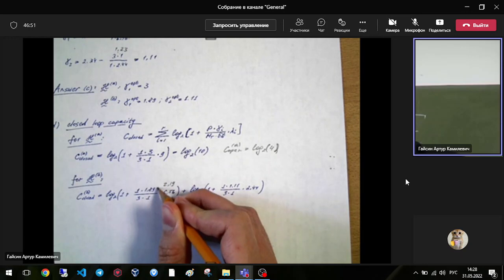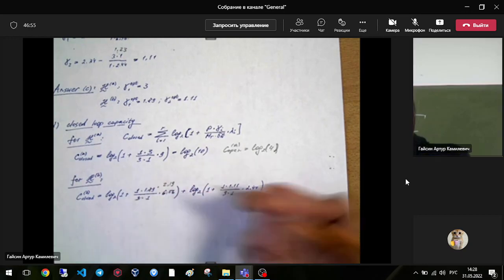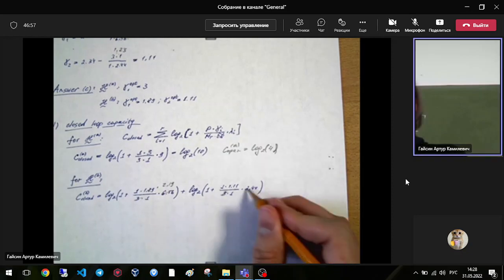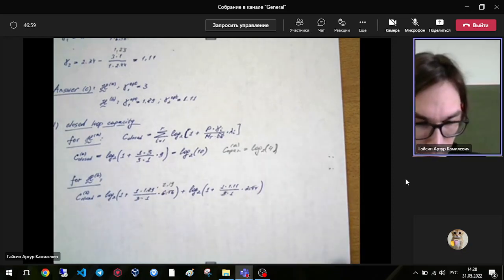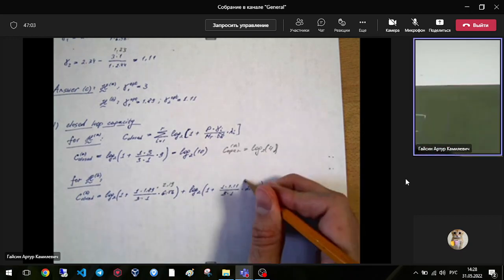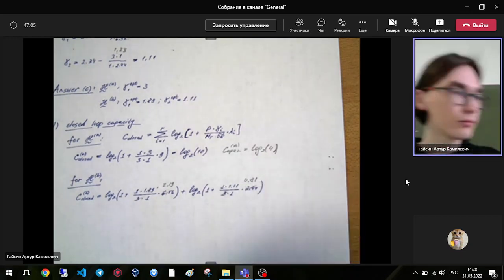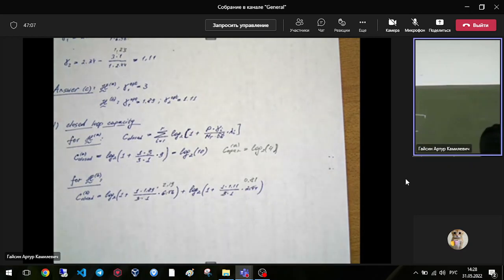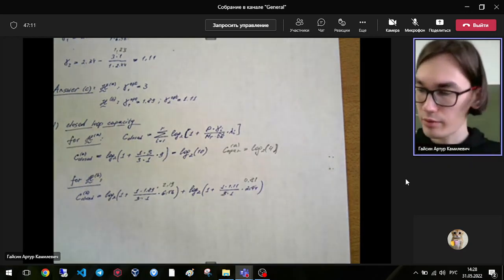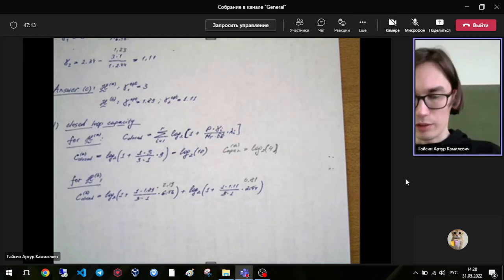We should multiply these two things here. And if we divide these things, it is equal to 0.81. But of course, let's, for these examples, use calculators.